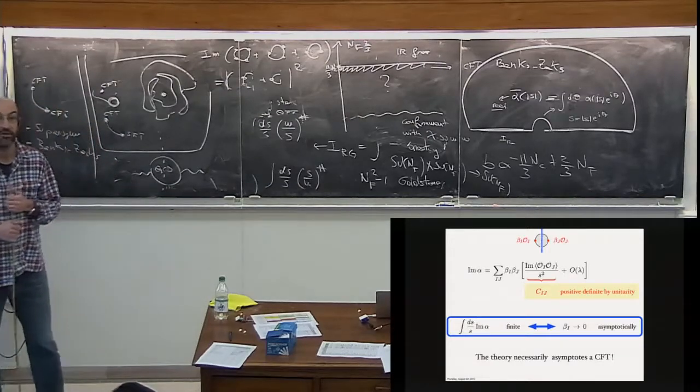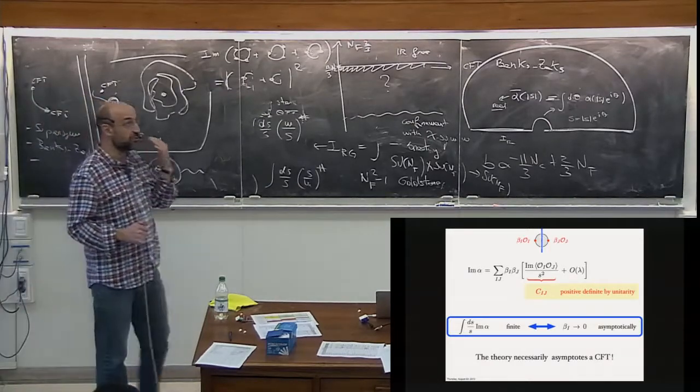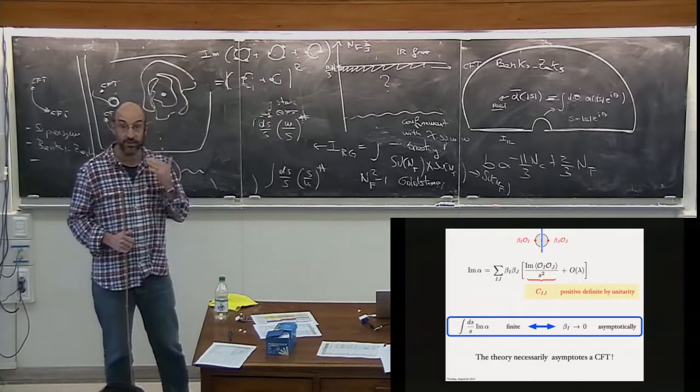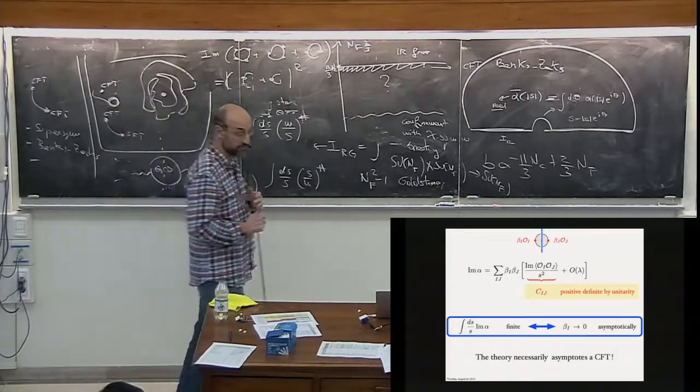So there's no real cycle in their theory. The genuine beta goes to 0, and the trace of T mu nu goes to 0. So the theory is conformal.